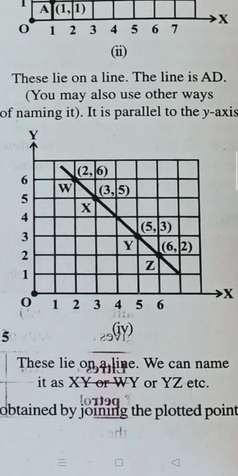Now find the coordinates of X. On the x-axis it is going on 3 and on the y-axis it is going on 5. So the coordinates will be 3 comma 5. Same way, you take point W. What are the coordinates? The coordinates will be 2 comma 6. Clear? This is very simple if both the axis points are given.